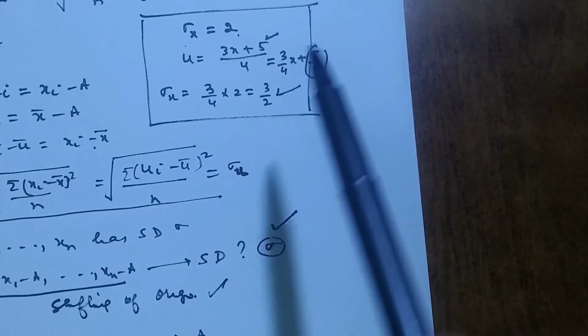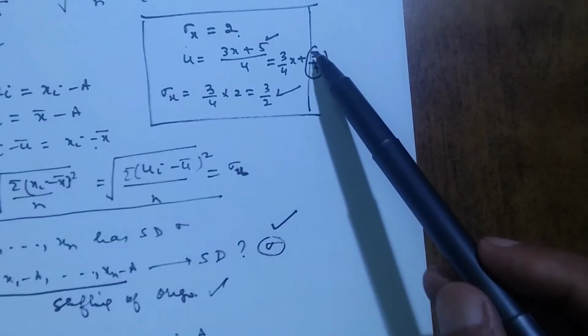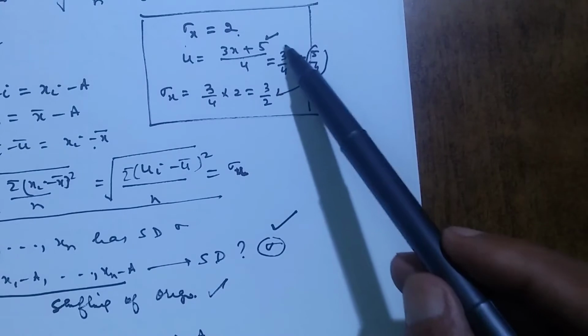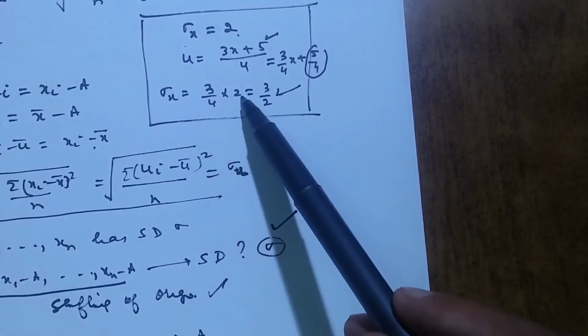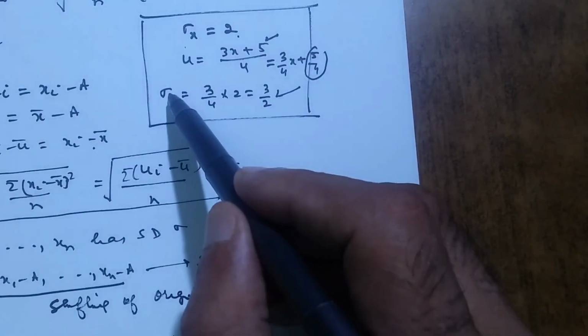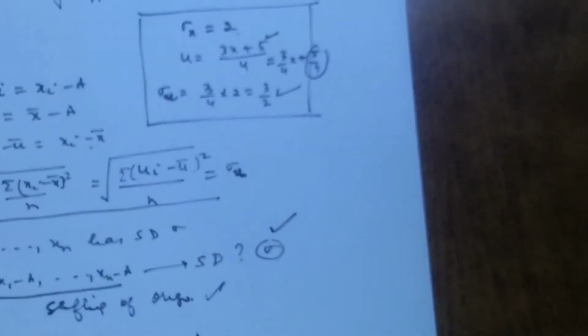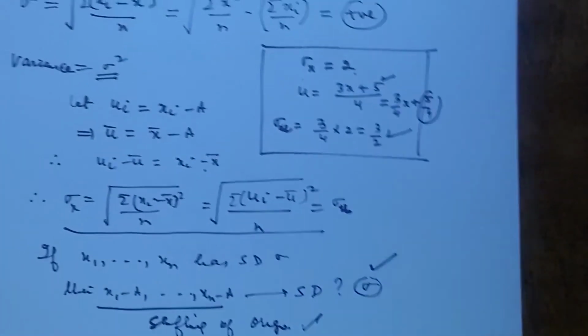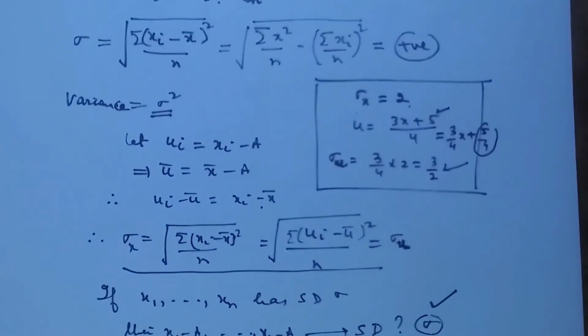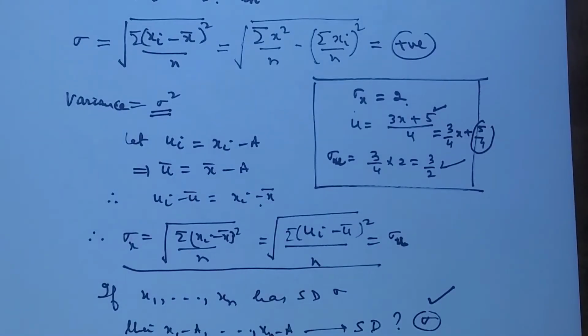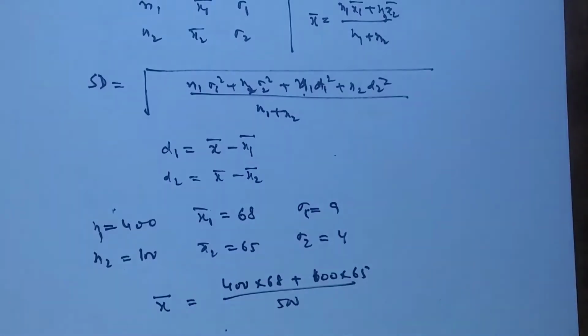There is no change because of the origin. However, there is a change here: the standard deviation gets multiplied by 3 by 4, so the new one will be 3 by 4 into 2. That's how. In this case, because of the change of origin, there is no change in the variance. However, when there is a change in the scale, it gets multiplied in the same way.